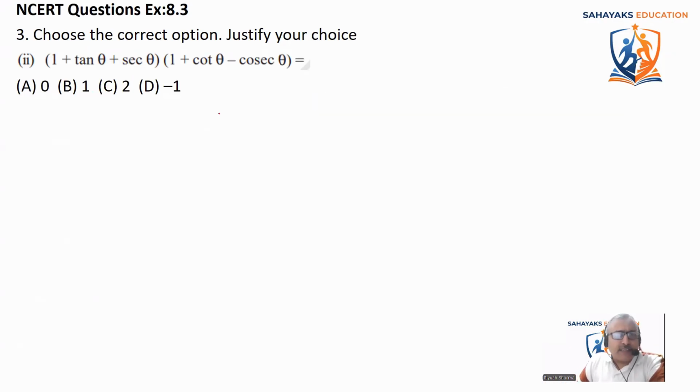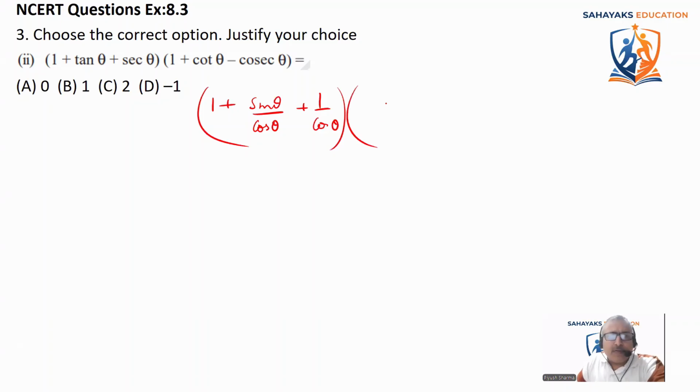So coming to the next question. It says (1 plus tan theta plus sec theta) into (1 plus cot theta minus cosec theta) is equal to. So we have to find the value of it. Let's convert everything to sine and cos. So it is 1 plus sine theta by cos theta plus 1 by cos theta, multiplied by 1 plus cos theta by sine theta minus 1 by sine theta.